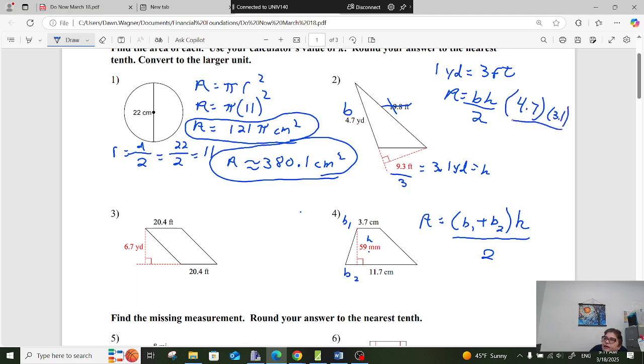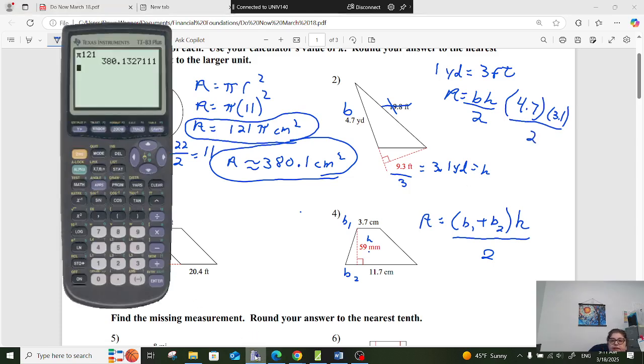And then I'm dividing by 2. So I'm going to use my handy dandy calculator and I'm going to do the math. 3.1 times 4.7. Okay, when I multiply these two together, I get 14.57. Now I'm going to divide by 2.